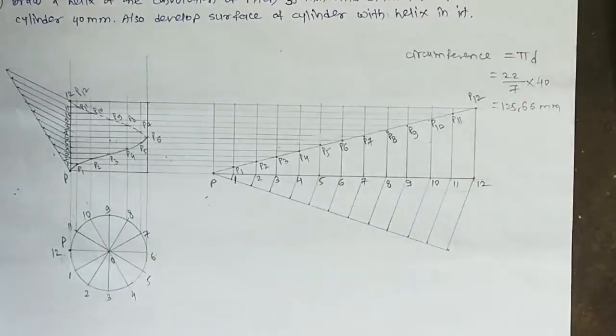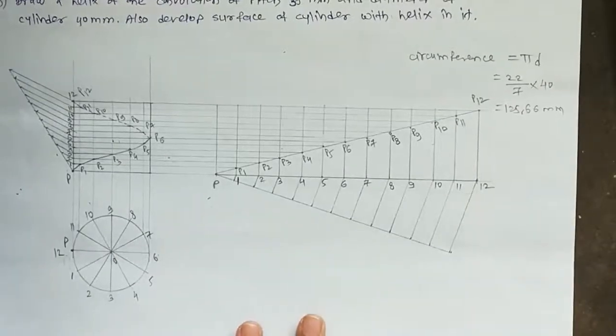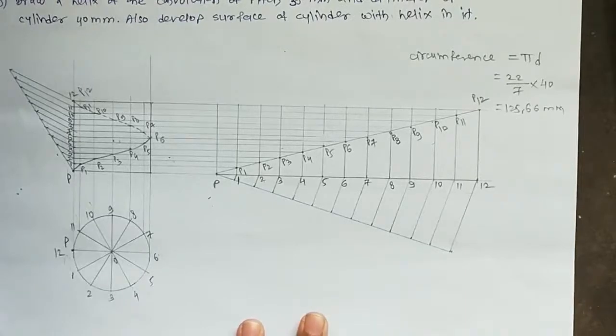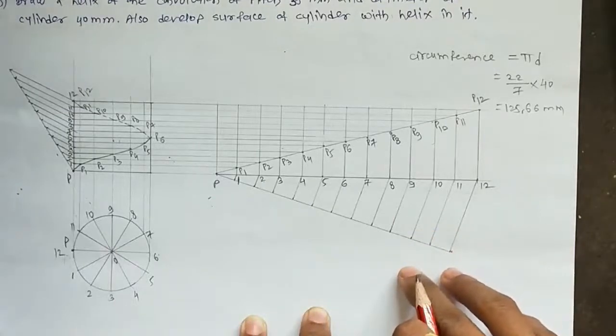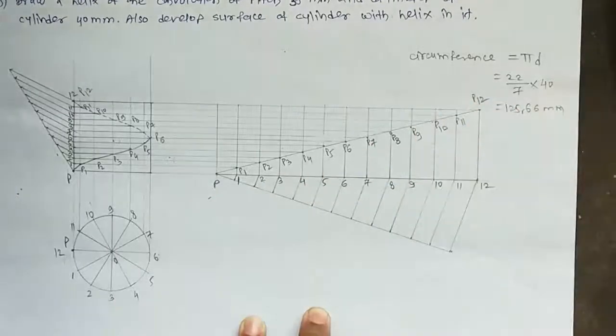And in this way we have drawn the development of a cylinder to represent the helix as a straight line.